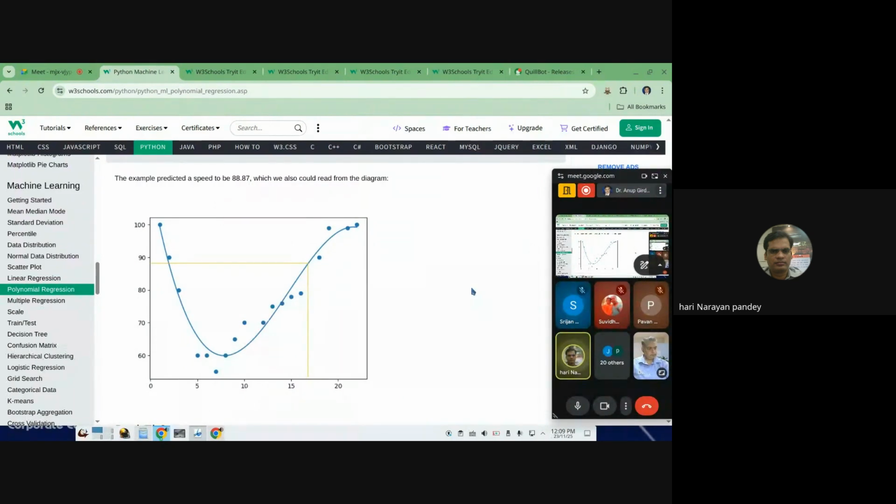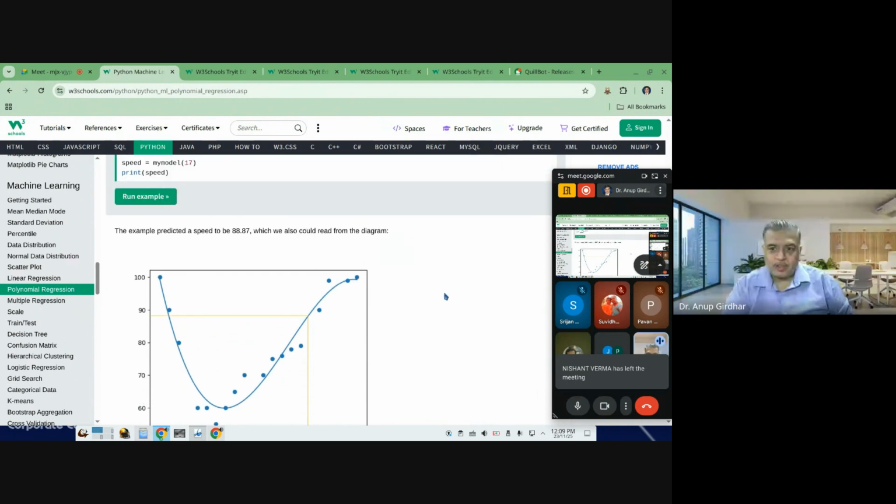Sir, when we are talking about linear regression, we find that if the R value is near around 1, then my regression is good. In a similar fashion, sir, for polynomial regression also do we judge by the R value? Yes, we can judge by that R value.